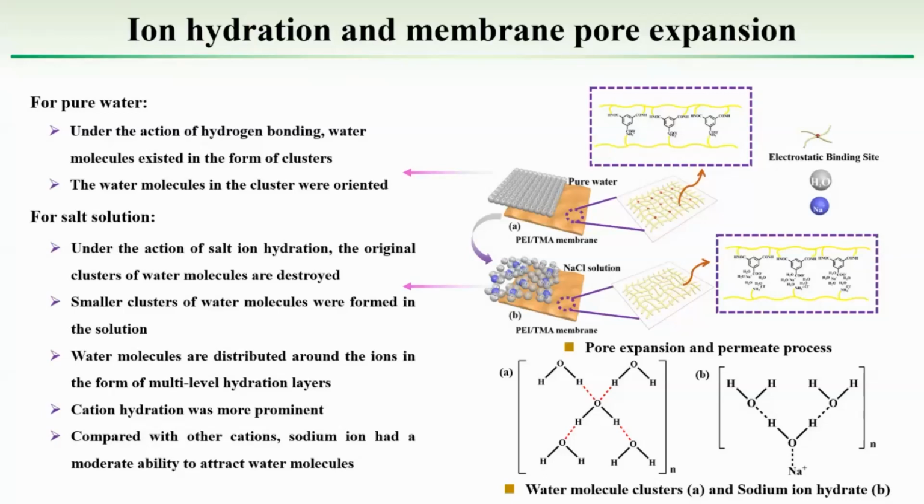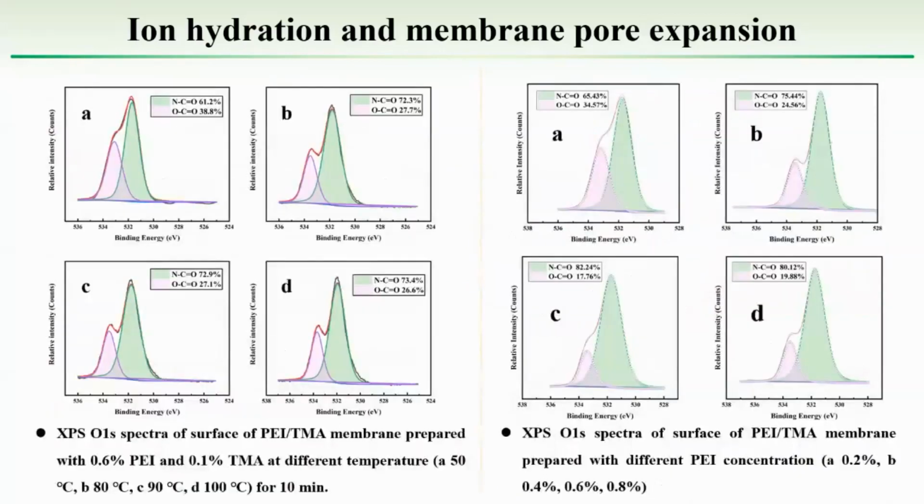When the feed liquid changes from pure water to sodium chloride solution, the sodium ions that easily permeate the membrane carried a large number of water molecules for penetration. On the other hand, sodium ions expanded the membrane pores.